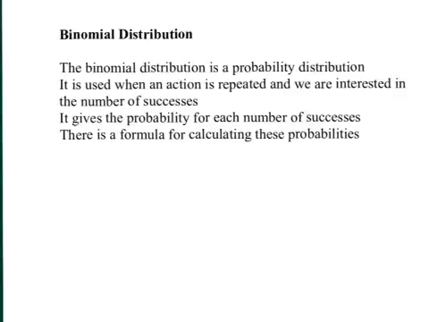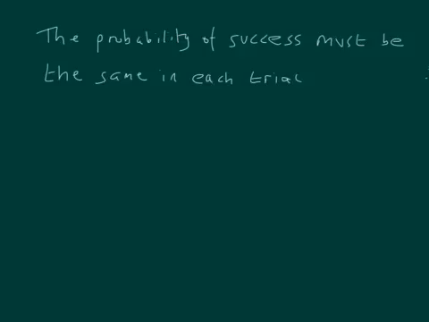So the binomial distribution will give the probability for each of the number of successes, and there is a formula for calculating the probabilities. Now there are 2 conditions which must be true for a binomial distribution, and the first one is that the probability of success must be the same in each trial.